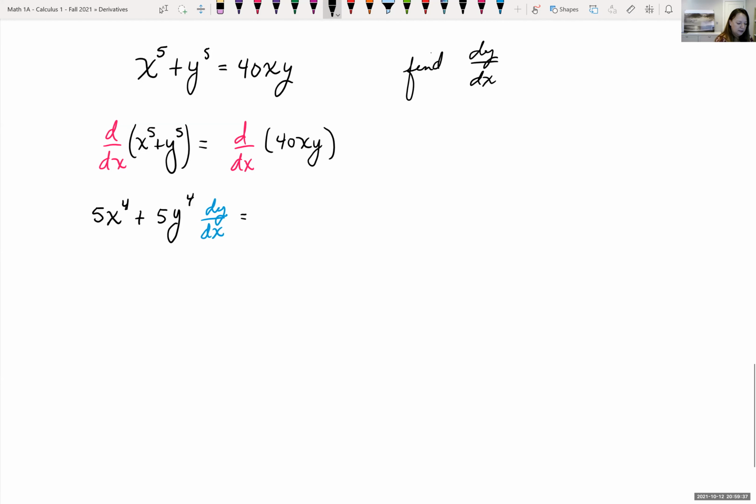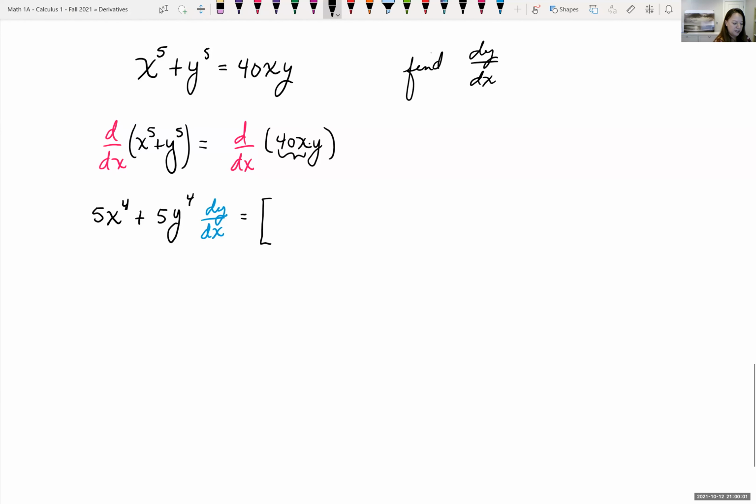equals. Looking at the derivative of the right-hand side, notice it's a product, so we're going to need to use our product rule. Let's think of 40x as one of them and y as the other. Product rule says take the derivative of the first function.